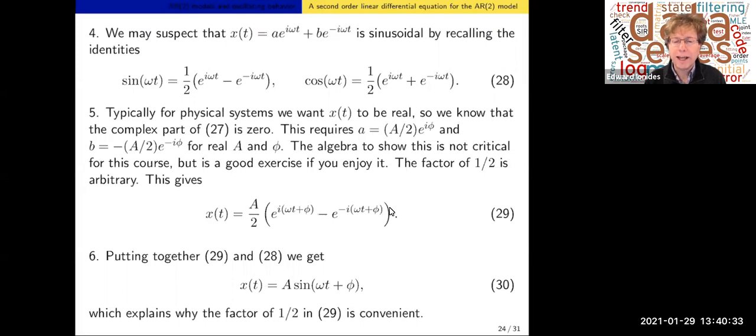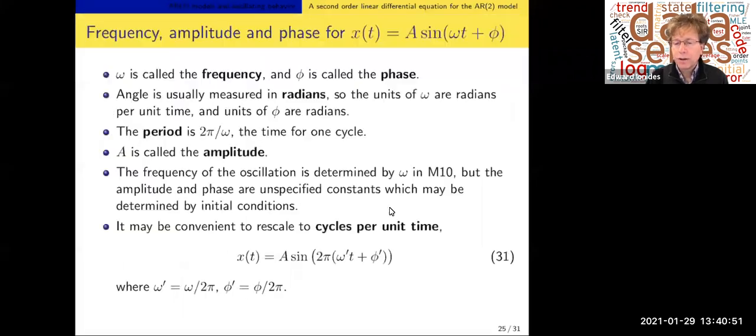Otherwise, we'd get a factor of 2 in equation 30. And equation 30 is a nice form to have the solution in, because we can interpret A, omega, and phi in terms of properties of oscillations.